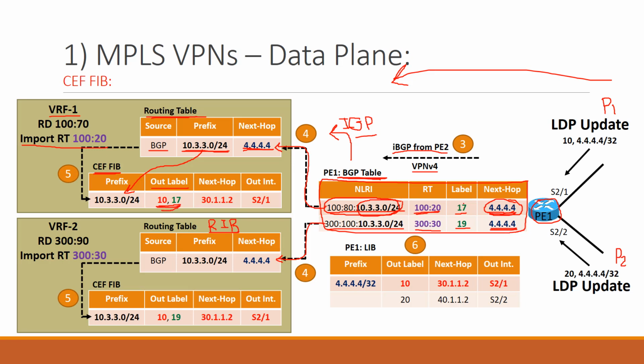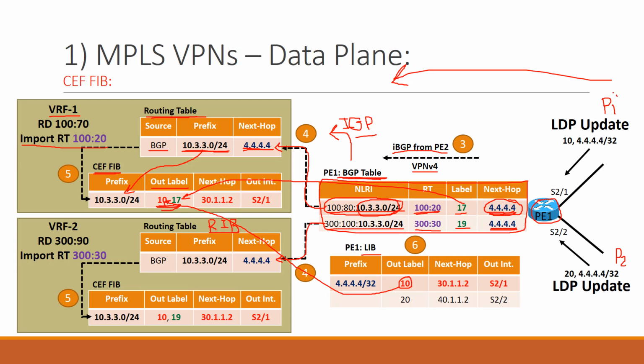The inner label that was assigned by PE2 will be stored here as an inner label. And the outer label that was chosen by PE1 from the label information base will be stored as an outer label.